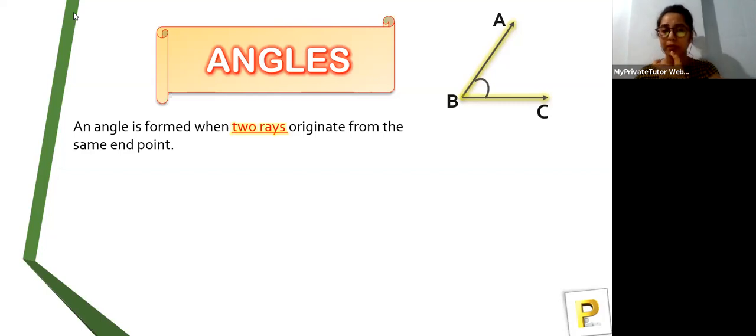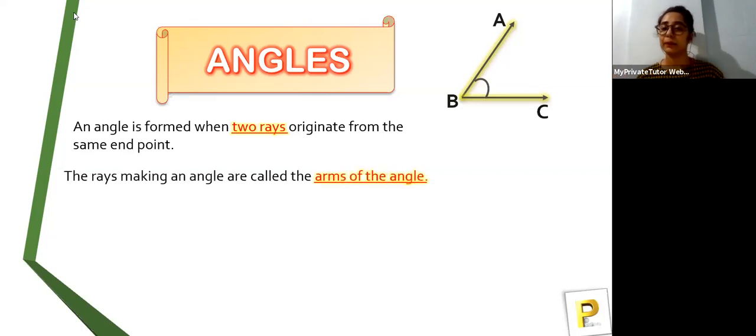What is the common point, the same endpoint for both of these rays? That is the point B, and this whole is considered to be an angle. This angle is named angle ABC.